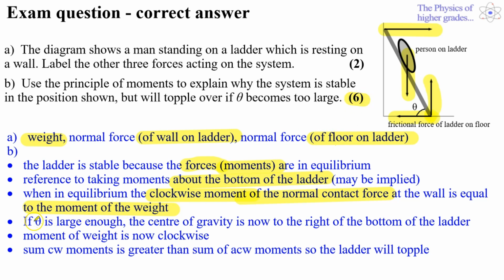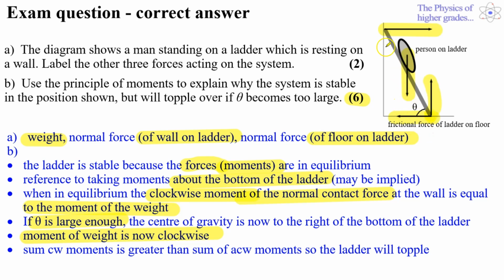So what's going to happen with theta? If theta is large enough, the center of gravity, this weight, is going to move to the right-hand side. There might be a midpoint where they're balanced in a vertical position, but that probably won't work anyway, because as soon as the ladder's vertical, the weight of the system is going to be to the right. So the moment of the weight is now clockwise, whereas originally it was anti-clockwise.